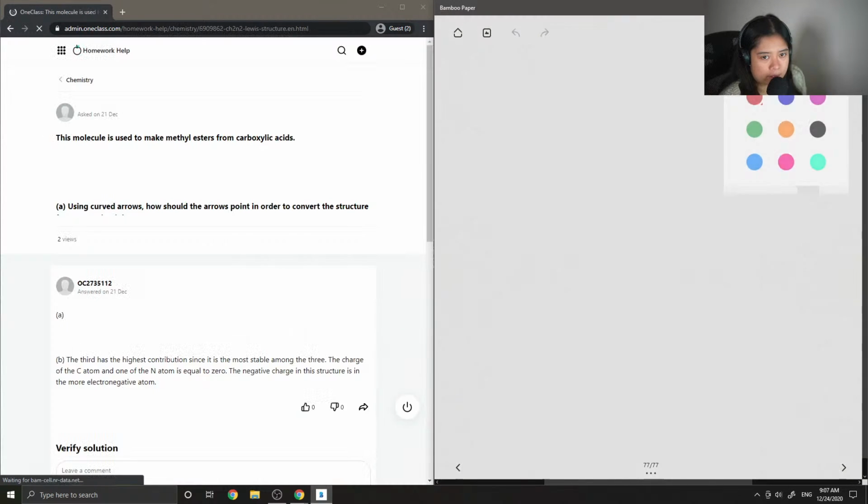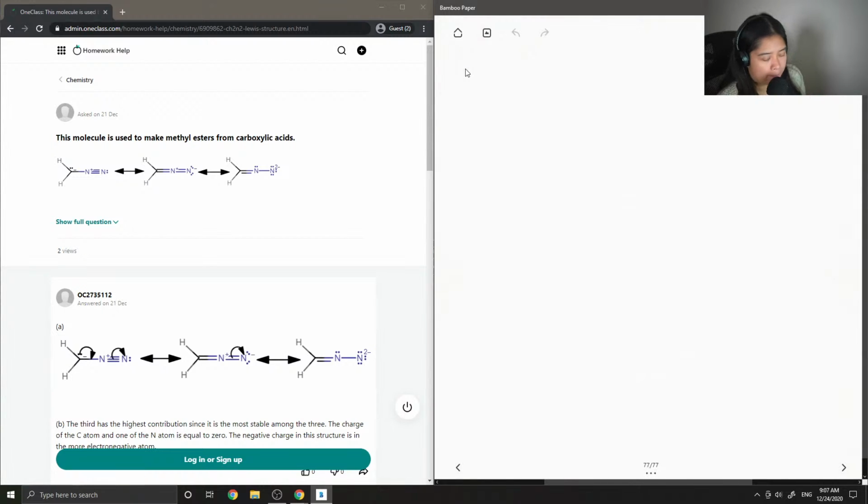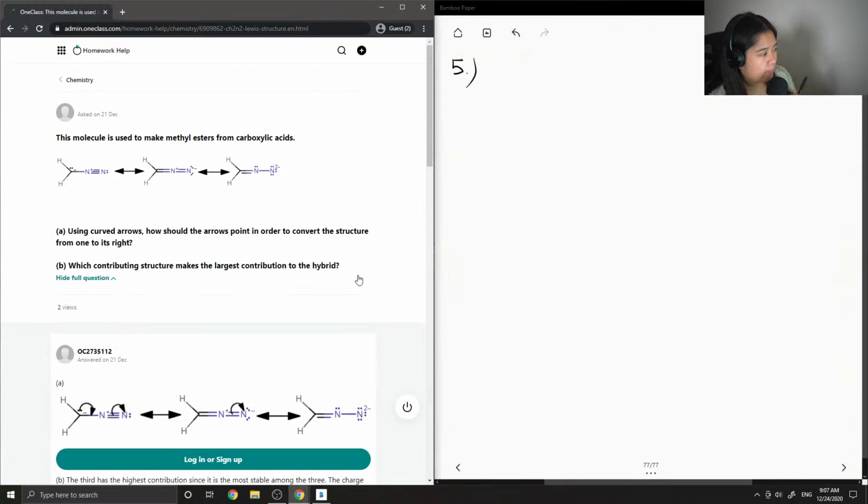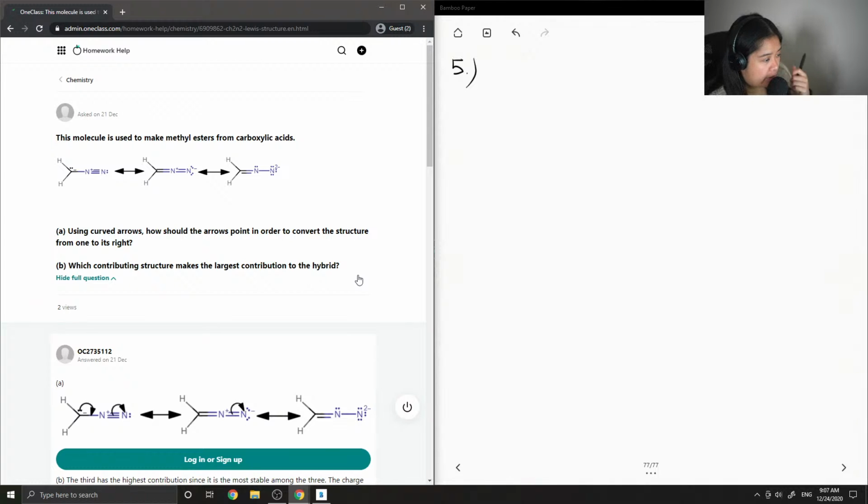Okay, so on to question number 5. This molecule is used to make methyl esters from carboxylic acids. A: using curved arrows, how should the arrows point in order to convert the structure to the one on its right?